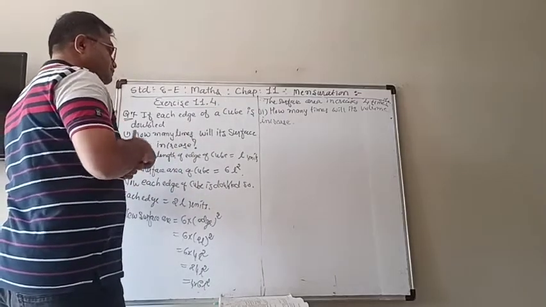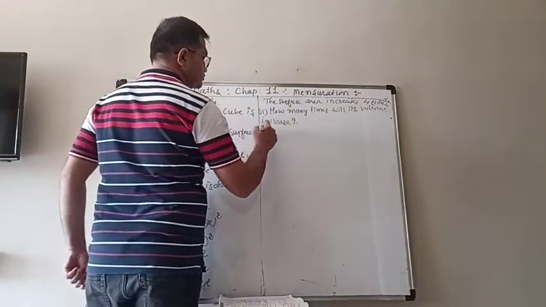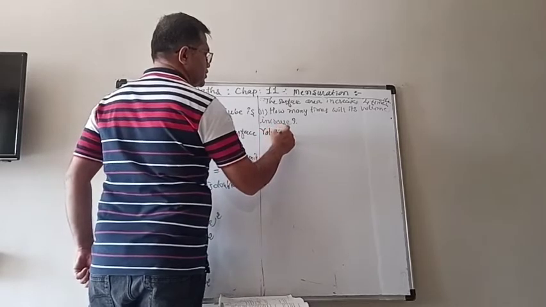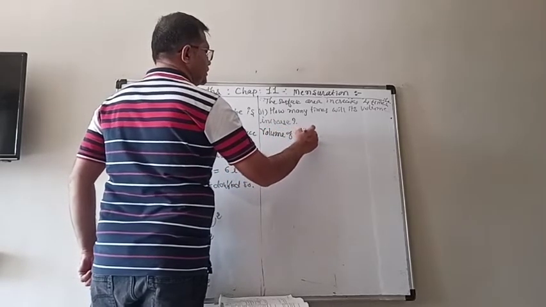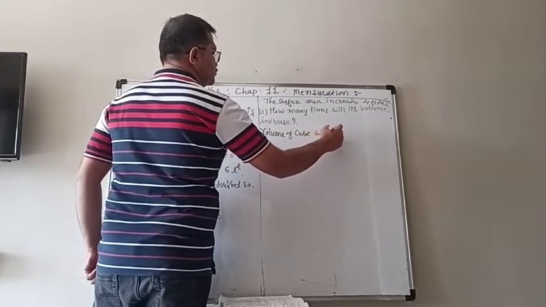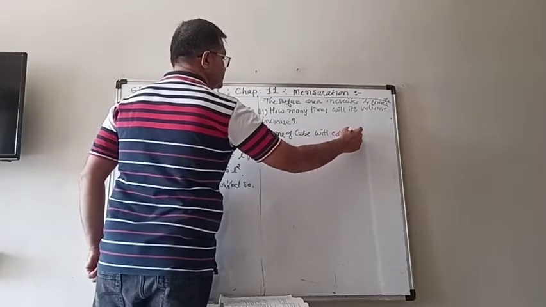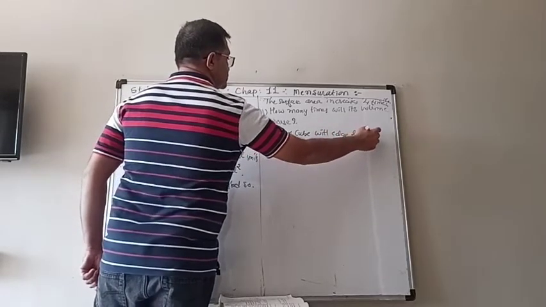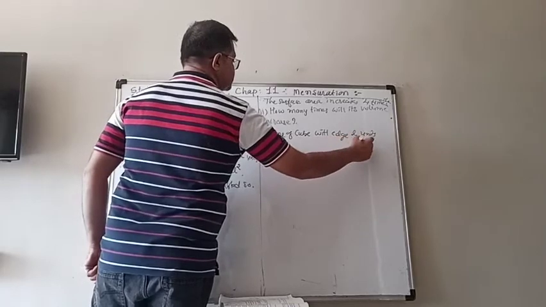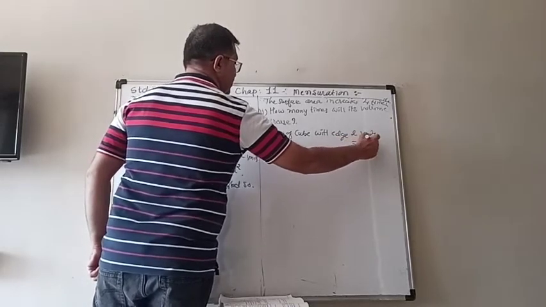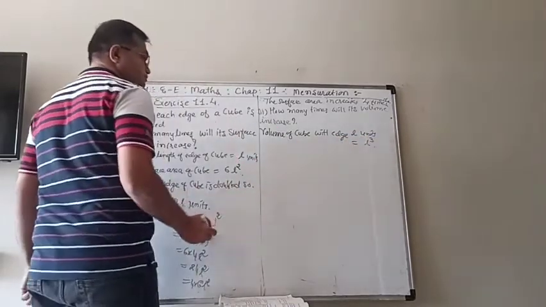So now the volume of cube with edge L will be L into L into L, means L cube.